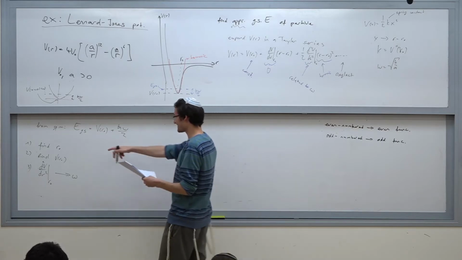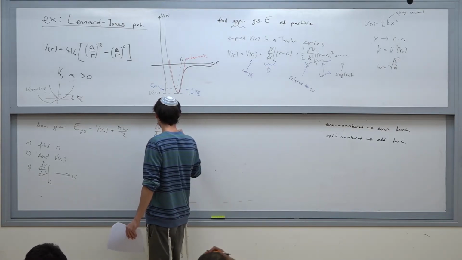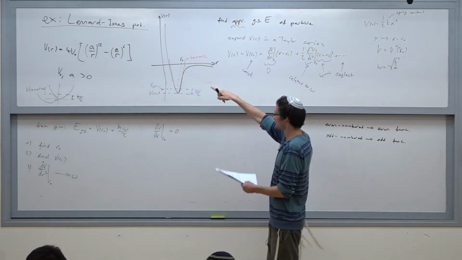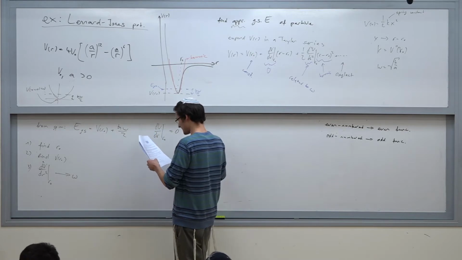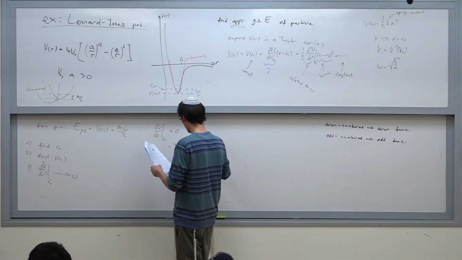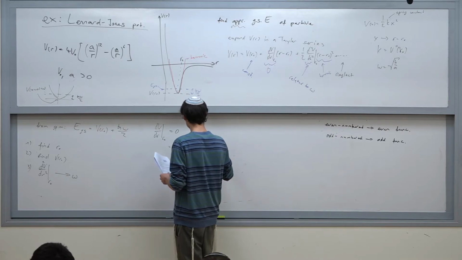Okay, we're going to find the minimum. So we take dV dr at R0 equals 0. So the first derivative. It's 4 V naught? Yeah, that's given in the definition. So you get some.